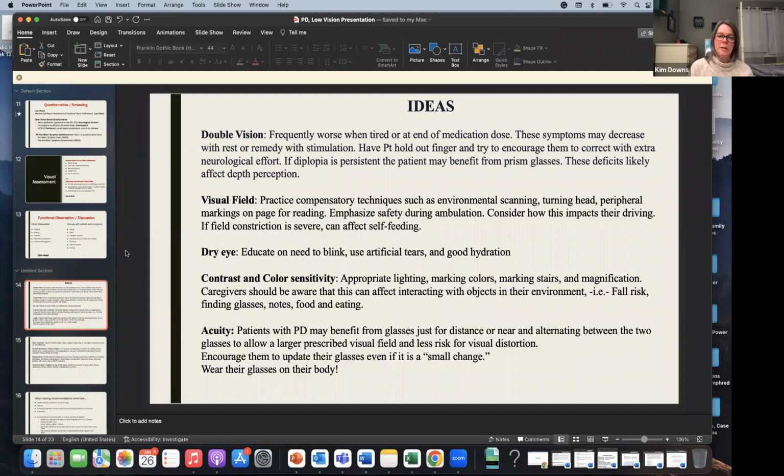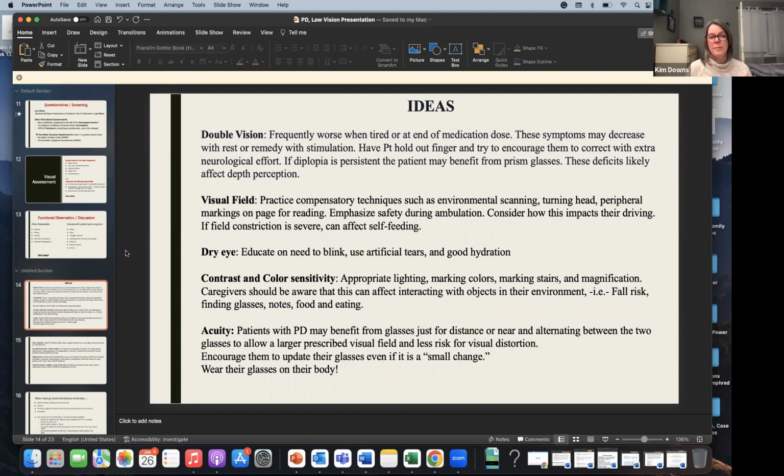I'm not going to update your glasses. But what I found for the people with PD is it almost always helps them. I always tell them to push for the eyeglasses, even if the doctors say, no, we don't know if this is going to help you. I say, if you can afford them, if you can manage it, please, please, please get them. Almost always it does make a difference.